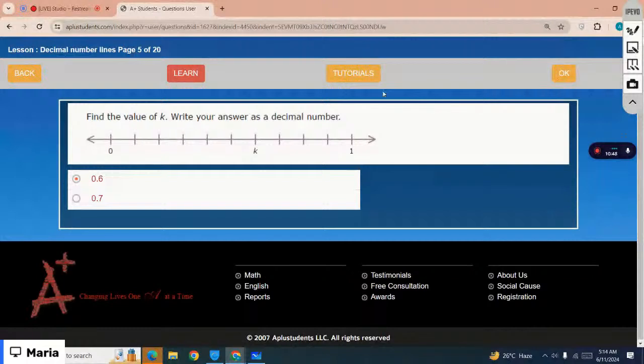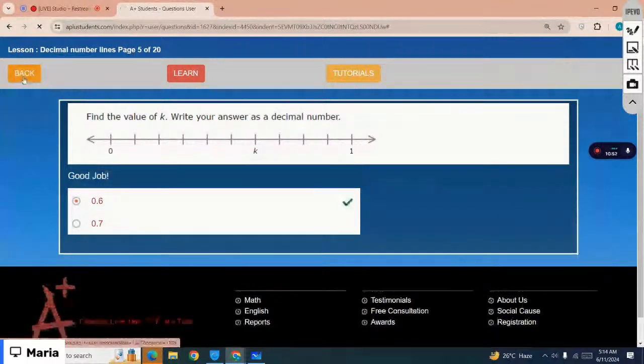It is option number 1. Okay, you can complete the lesson by yourself later today. Let me just move on to the next lesson.